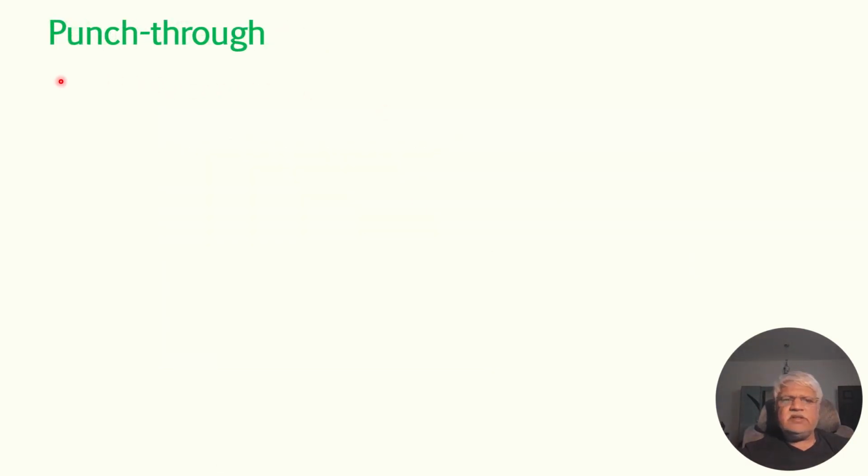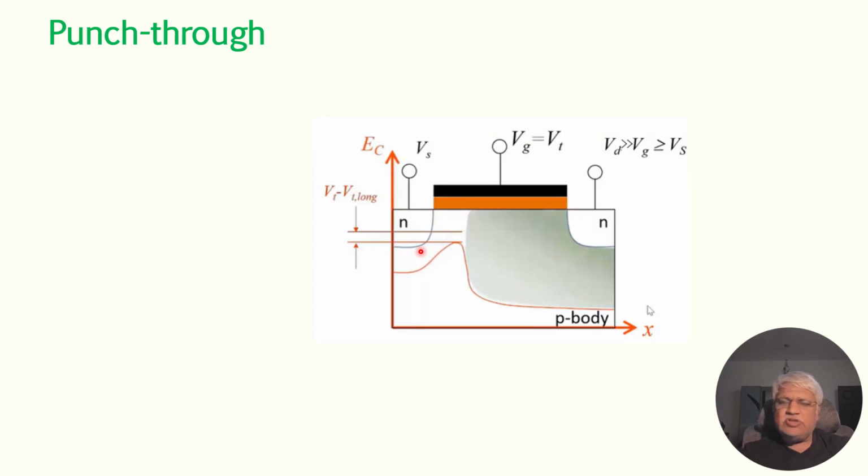Let us consider the other phenomenon, punch through. Here, let us bring back the same short channel scenario wherein Vd is far greater than Vg, and Vg is greater than Vs. So the depletion layer shown in the gray color is moving towards the source.